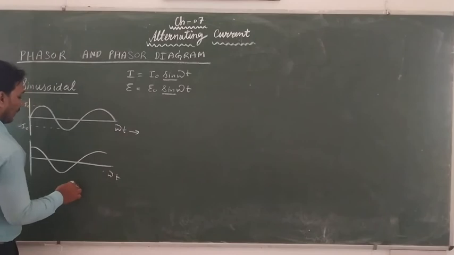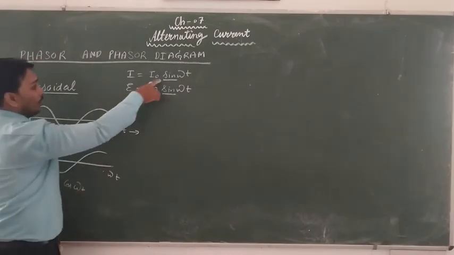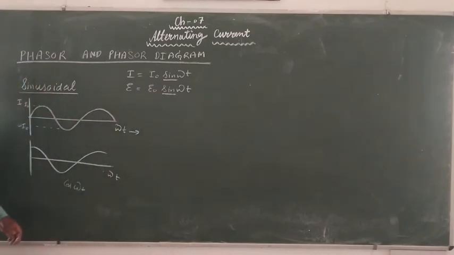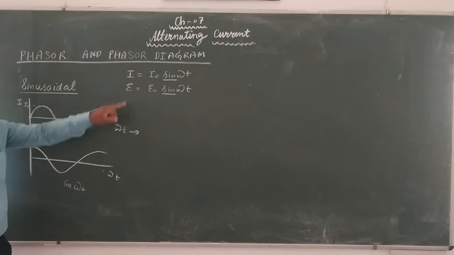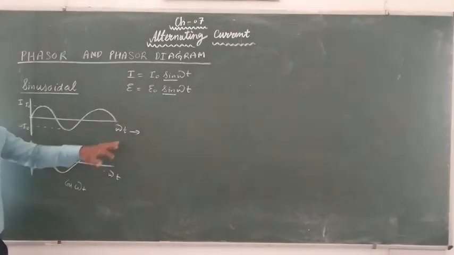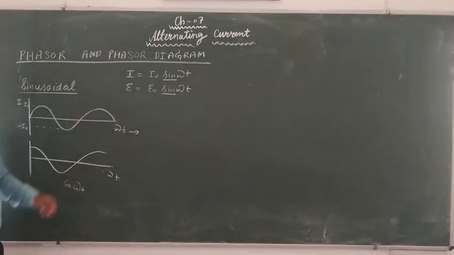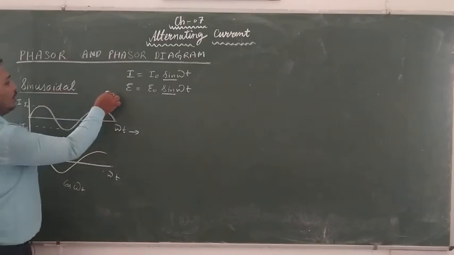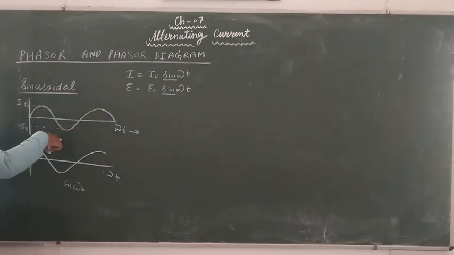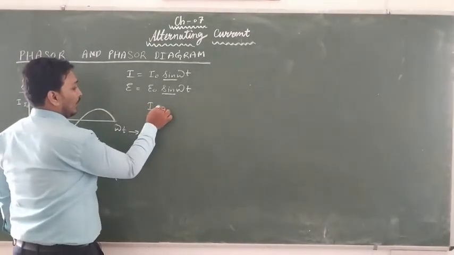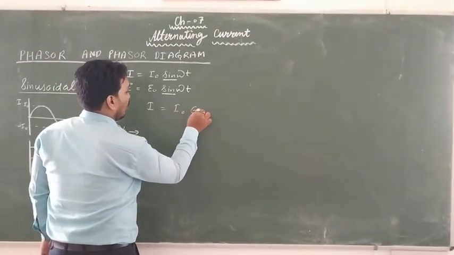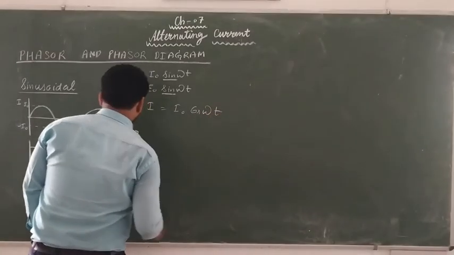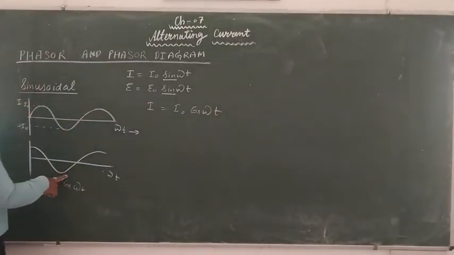This is actually the graph of cos theta, but here we don't have anything related to cos theta. Suppose this graph represents the value of I with respect to omega t. Then we say that current is a sinusoidal quantity because it can be represented by a sine graph. In some cases, we have current like I is equal to I naught cos omega t, and in that case the current will be represented by the cosine graph.